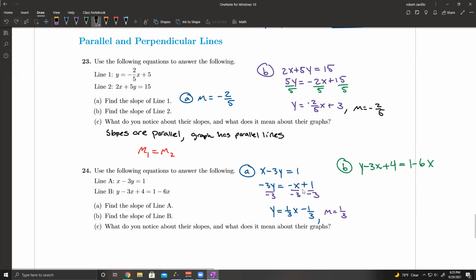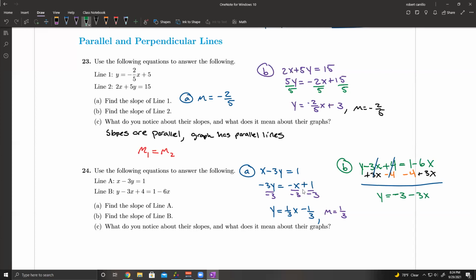So I'll say plus 3x, plus 3x. And I'll also say minus 4, minus 4. There's my process line. 3x is gone, 4 is gone, and we get left with y equals 1 minus 4, which is negative 3, and negative 6x plus 3x gives me negative 3x.